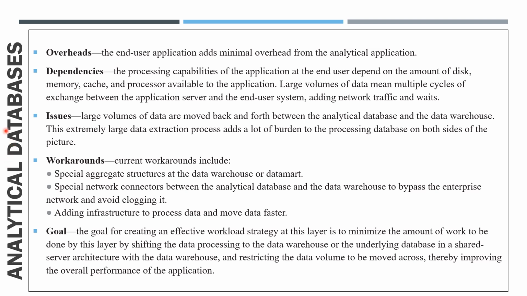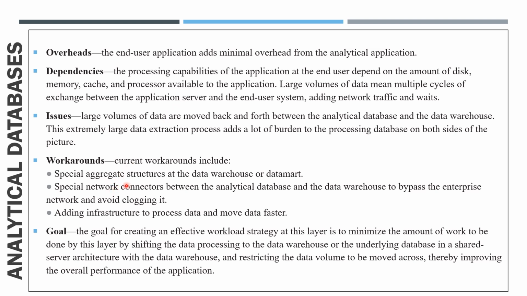For the overheads, the end user application adds minimal overhead from the analytical application. Its dependency is the process capacity of the application at the end user, so this is still the same. The issue is the large volume of data, still the same.